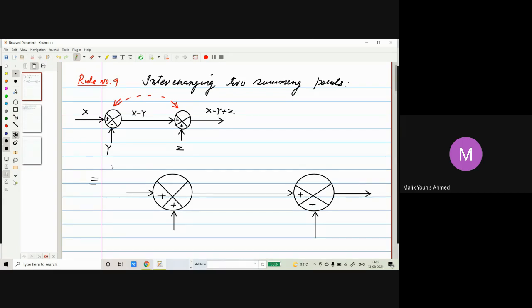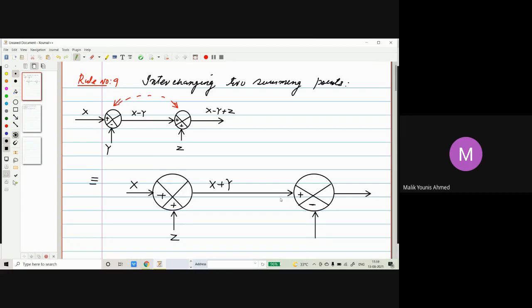In the second, we have Z here. Because we are exchanging, the input is not going to change here. We are bringing this summing point to this point. So it will bring its own signal Z, but the X signal is going to remain there. So this is X. So here we are going to get output as X plus Y.